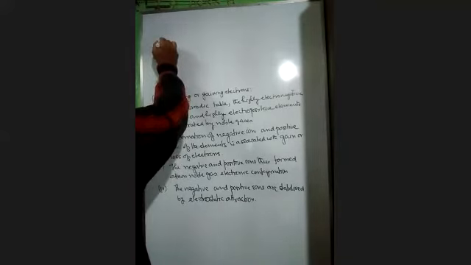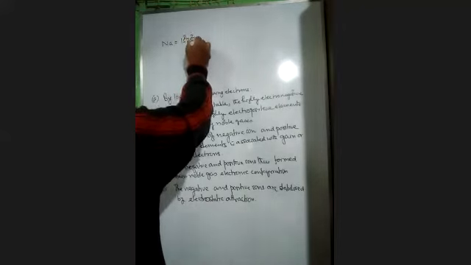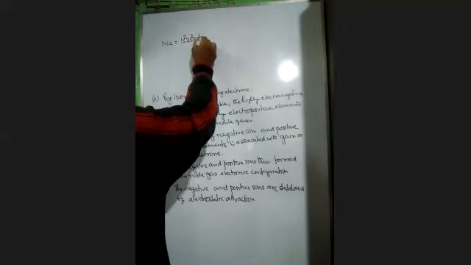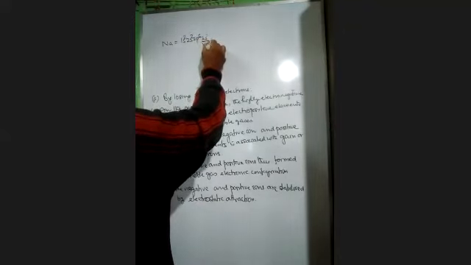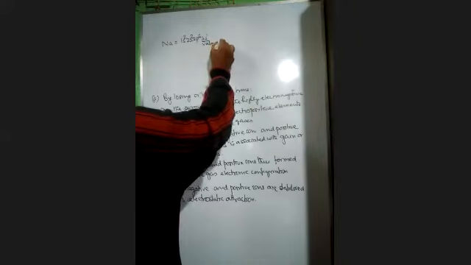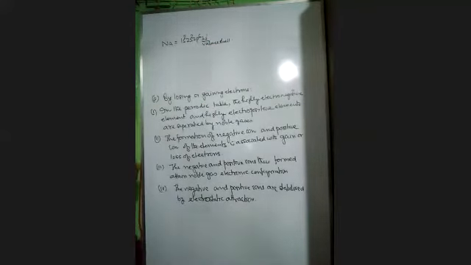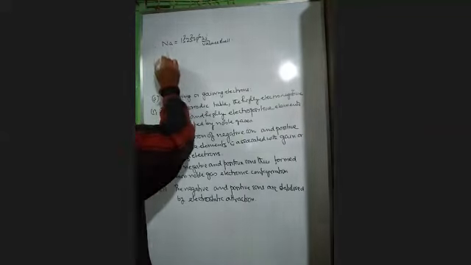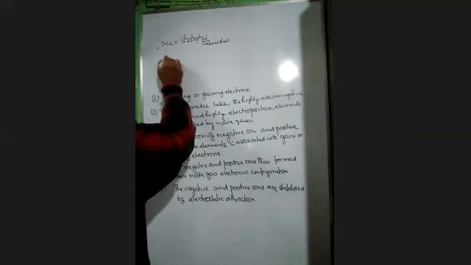So if I have taken sodium, we know 1s2, 2s2, 2p6, 3s1. So this is the valence shell. And chlorine. See, those days this concept of electronic configuration is not there.